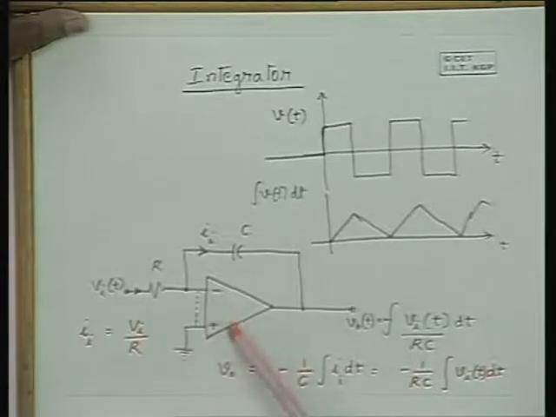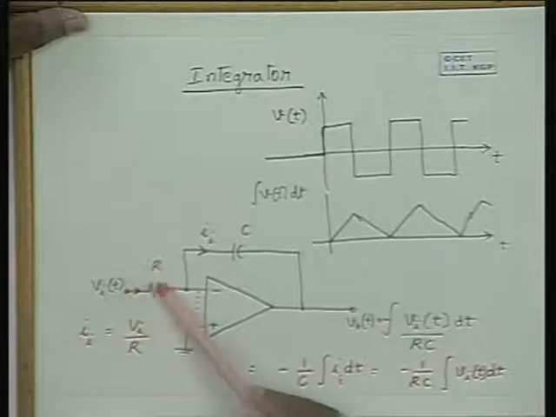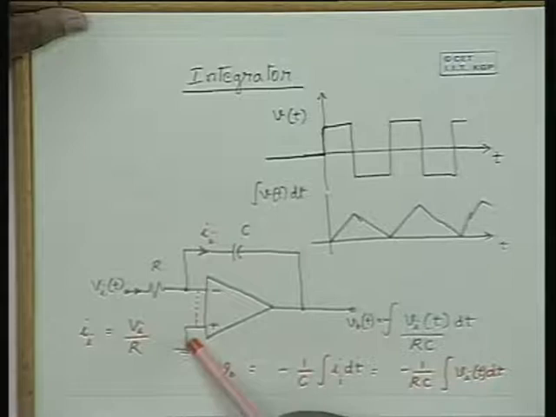The role of the amplifier here is to provide a high amplification so that this feedback principle can be applied. And because of this feedback principle, the virtual short holds. If you short circuit this, you won't get any integration out here. Simply a current flows through this and nothing flows through this if you short this to the ground.